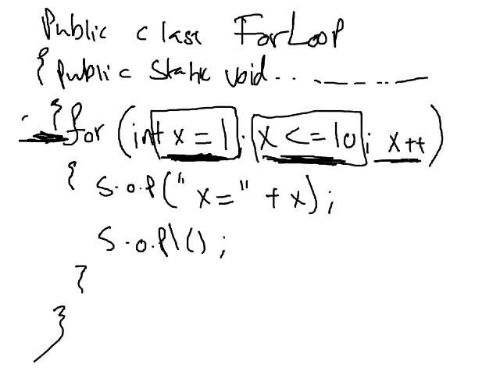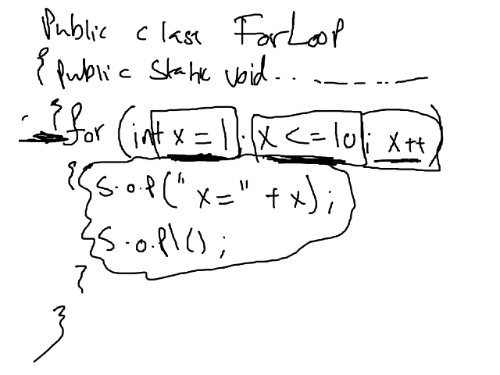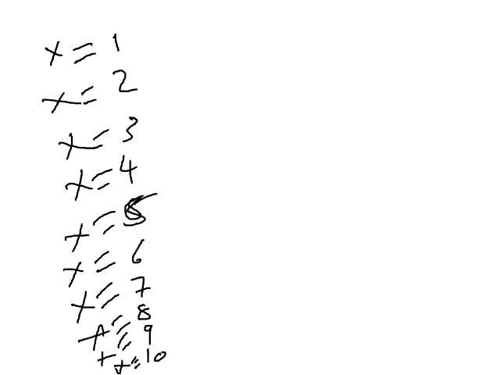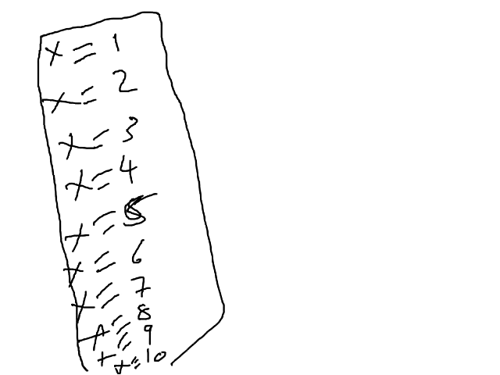It will set the first value, the end value, and do the increment straight away. Then it goes and sees what's inside the body. So it will print exactly what we had here: x equals 1, 2, 3, 4 until we get to 10. Is this clear?